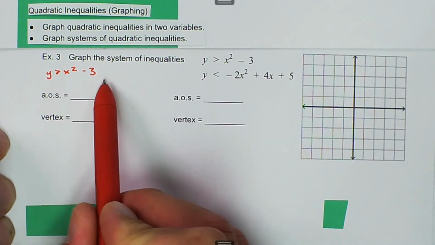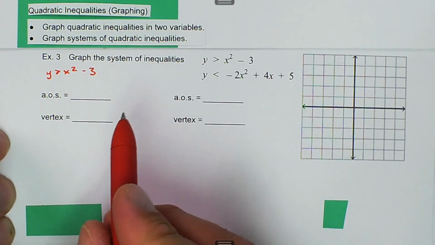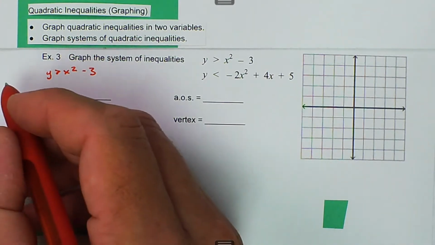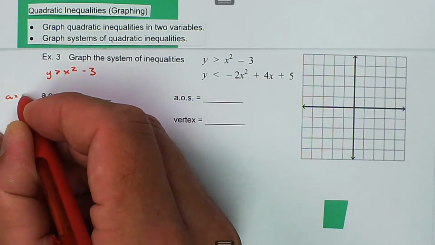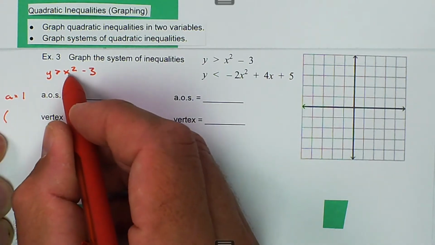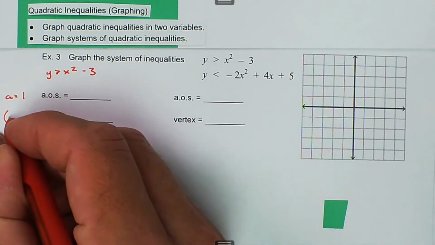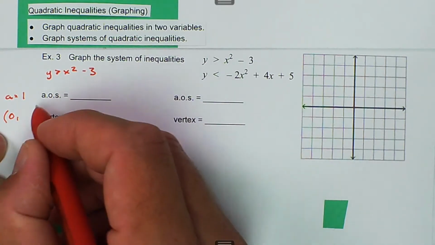This is in vertex form, so right away we know that the a value is equal to 1. We know that the vertex, because there's nothing written next to the x, the x value is 0, and we know that the k value is negative 3.